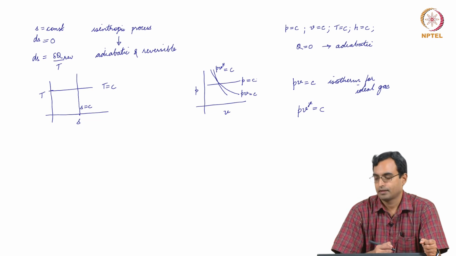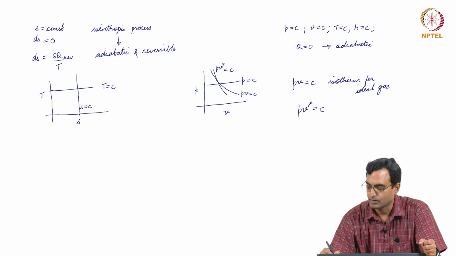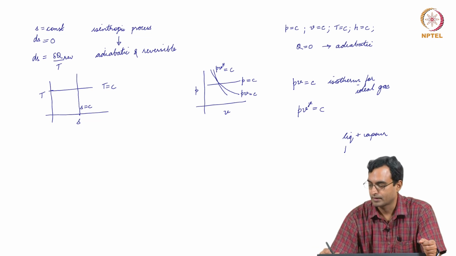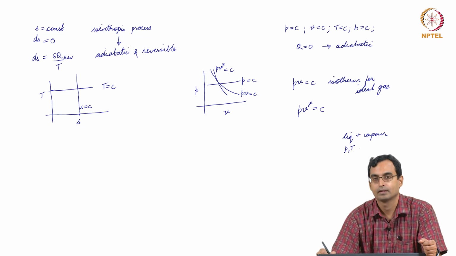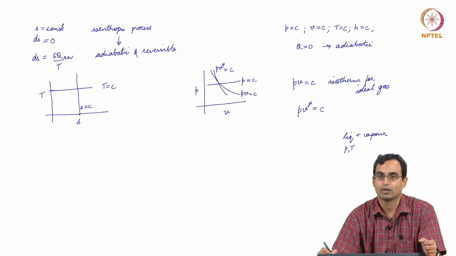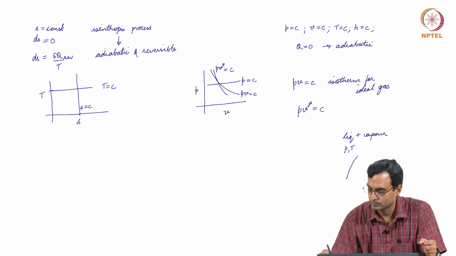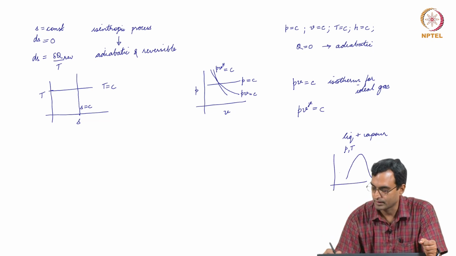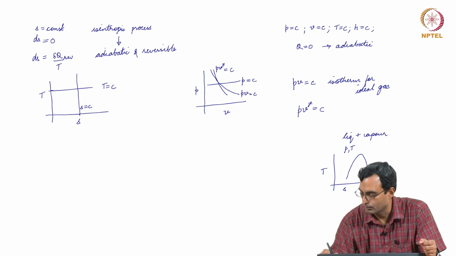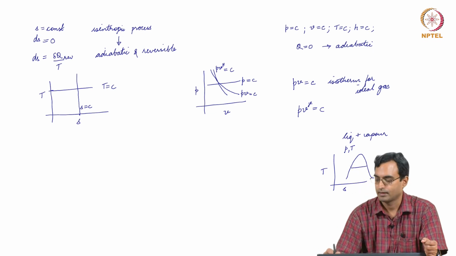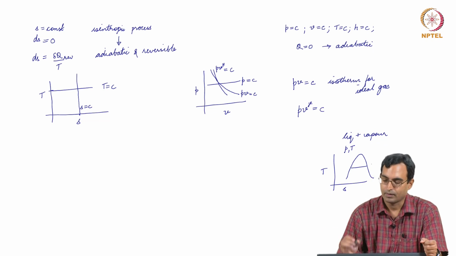If this is a mixture of liquid plus vapor in equilibrium, then we know that during the conversion process, pressure and temperature are dependent. So, P equal to constant will also be T equal to constant, and both will be within a two phase dome. On a TS diagram also, within the two phase dome, T equal to constant and P equal to constant will be essentially the same, but that is a special case.